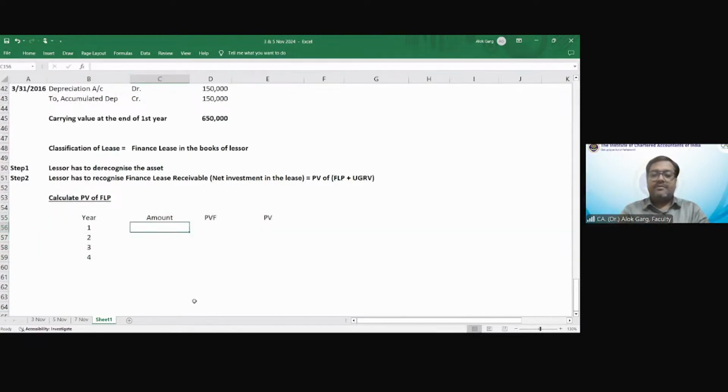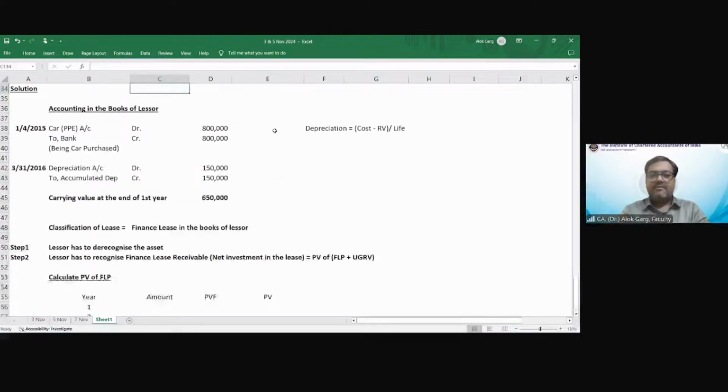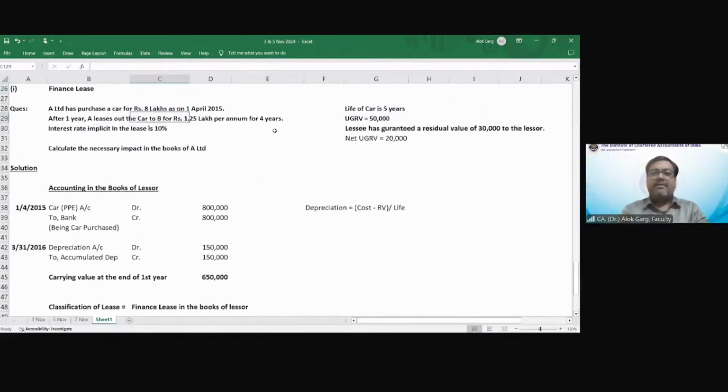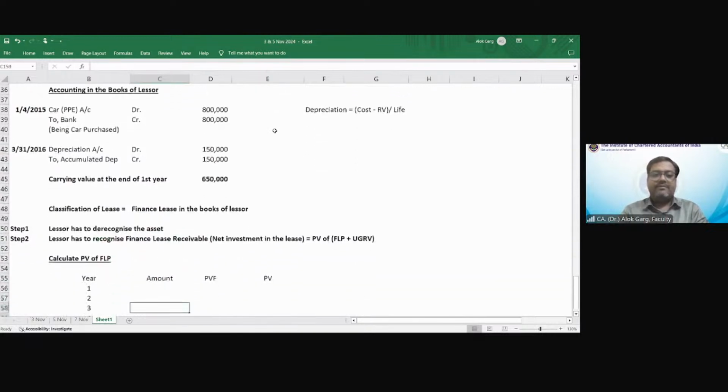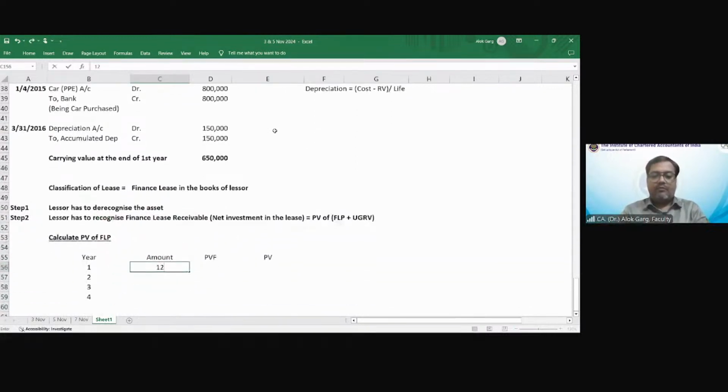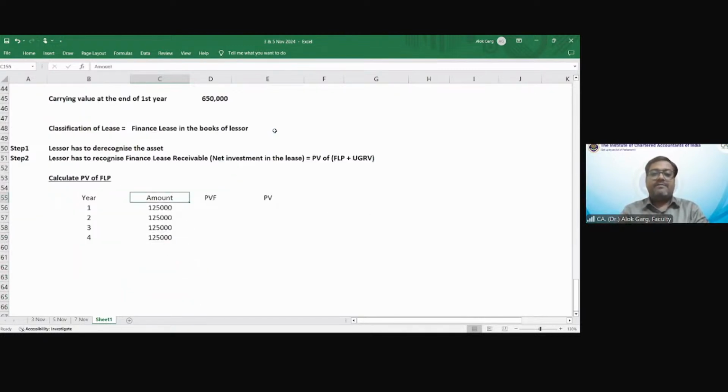What is the amount? Amount कितना है? 1,25,000 per annum, for 4 years.